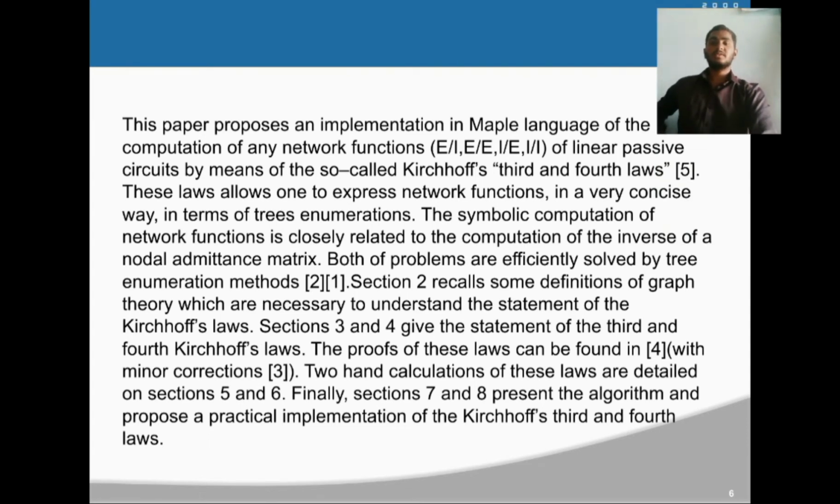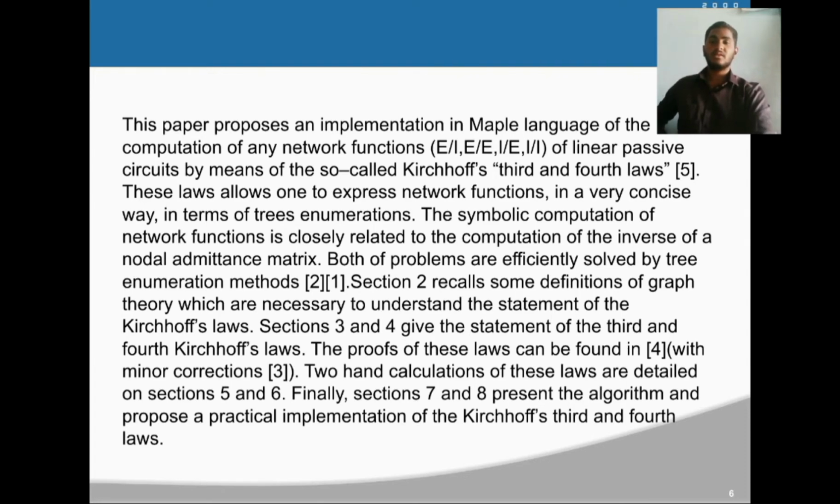This paper proposes an implementation in Maple language of the computation of any network functions E by I, E by E, I by E, I by I of linear passive circuits by means of the so-called Kirchhoff's third and fourth laws.